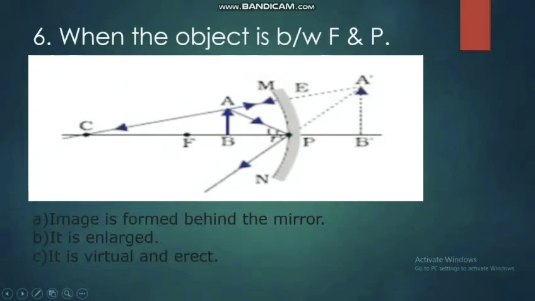Why? Because here you can see clearly the point A. AB is our object. The light rays actually go backward because now they are not parallel. You can see CA and NP, the rays are not parallel actually. They are diverging from each other. And you know that for diverging rays we cannot form any kind of image.